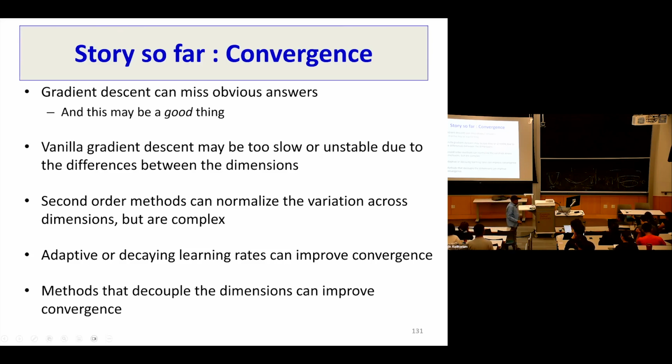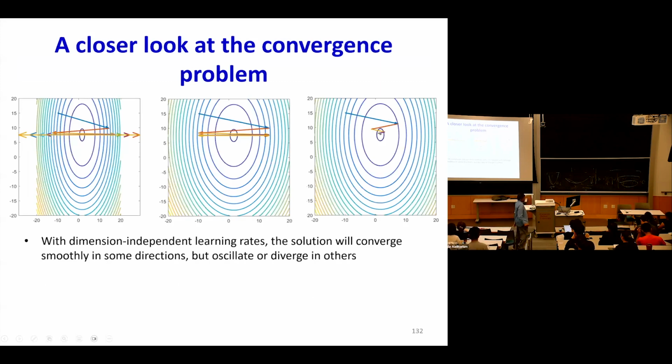Okay. So let's take a closer look. With dimension independent learning rates, the solution will converge smoothly in some directions and oscillate in other directions, right? But in the process of doing so, if you just track the solutions, it's telling us a story, is it not?